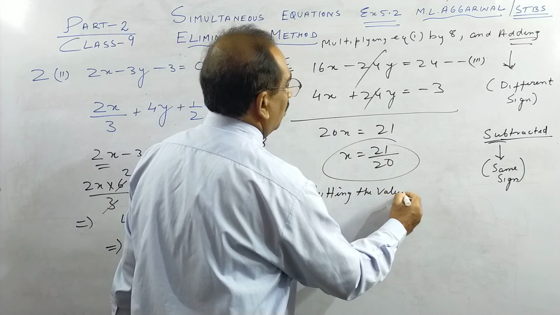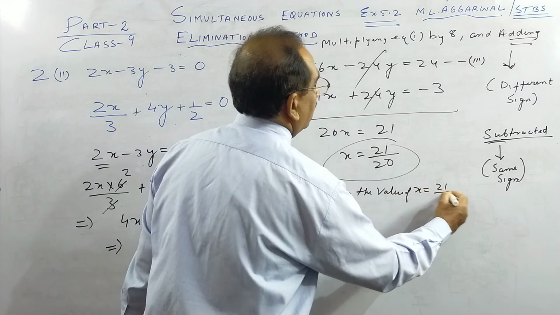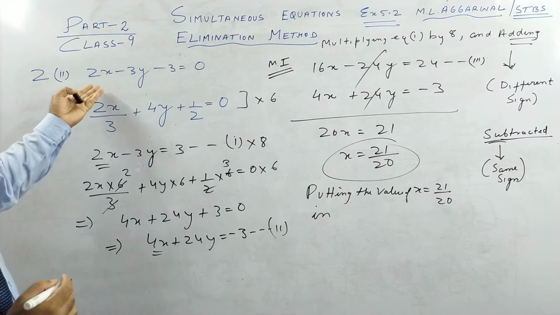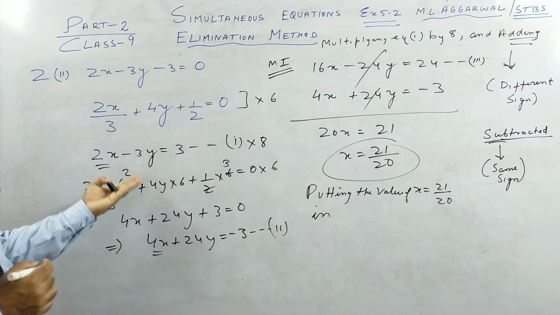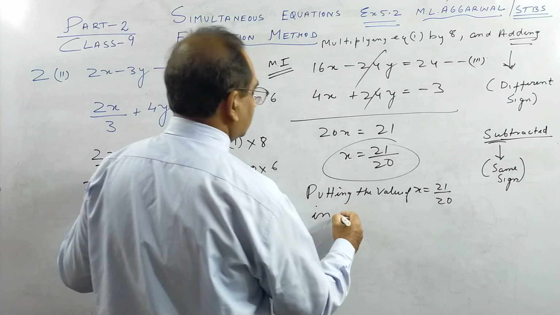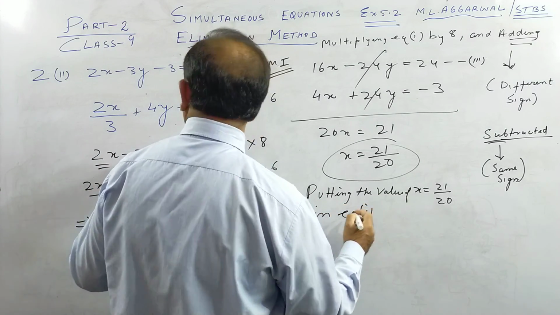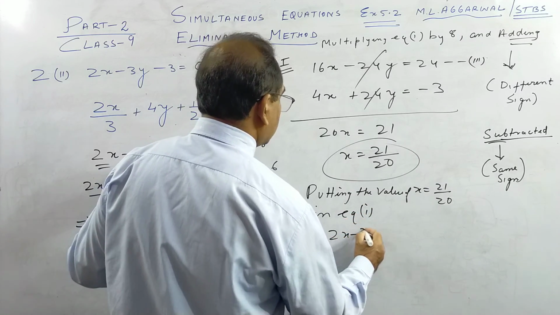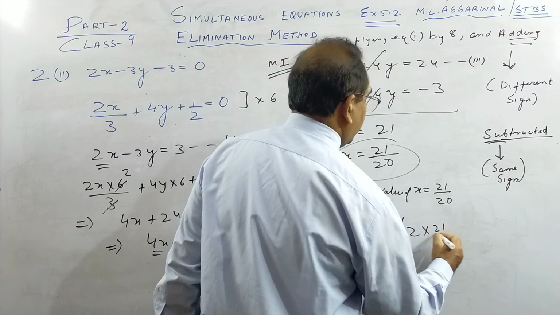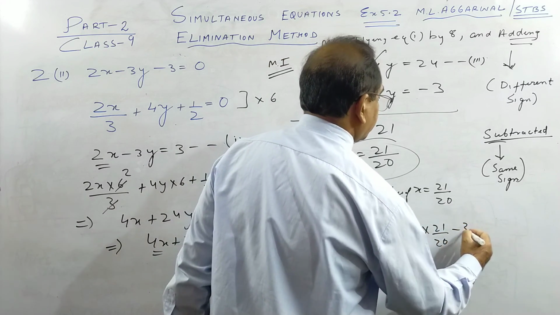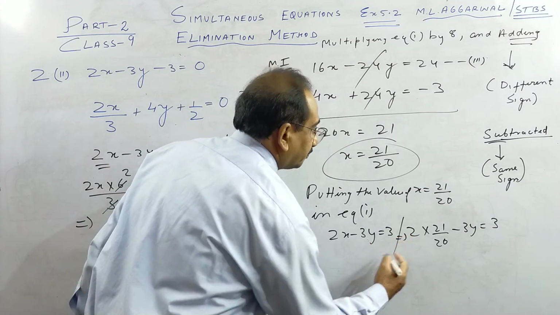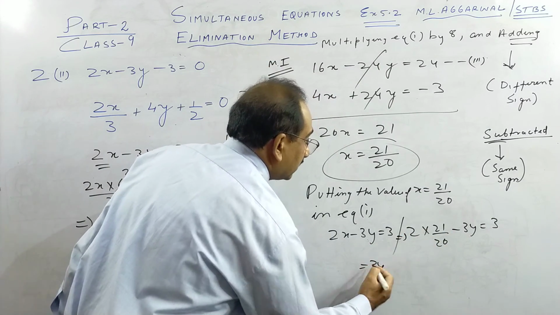So putting the value of x, 21 by 20, you can put it in any equation, the original equation is better, here it is more arranged. So in equation 1, what do we get? See here, children, 2x minus 3y is 3. In place of x you put 21 by 20. So what do we get? Let 3y go to that side.